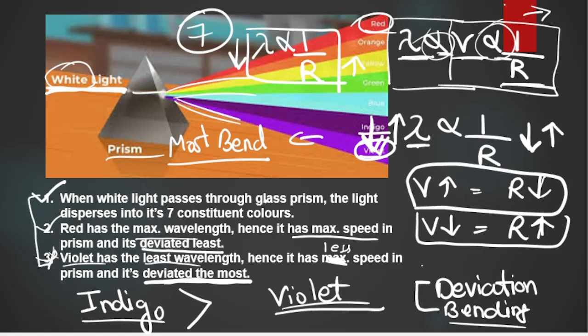कि white light जो है that passes through glass prism and it disperses into 7 constituent colors. अब red का जो है maximum wavelength है, red has maximum speed, इसलिए it's deviated the least. Violet has least wavelength, it has less speed, hence it's bended, it's deviated the most.